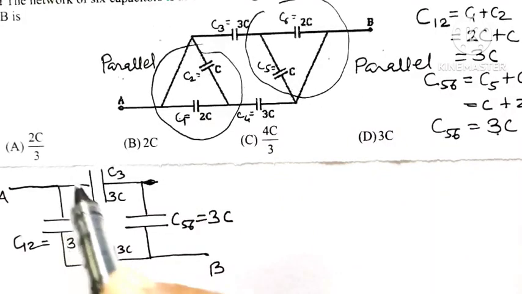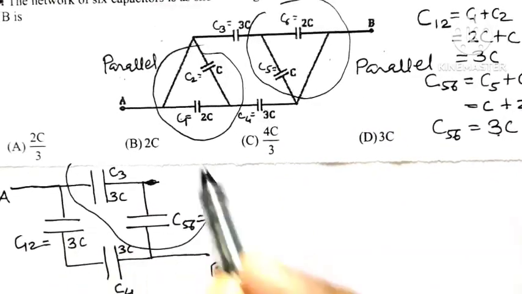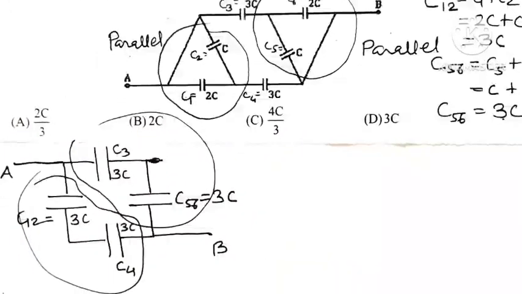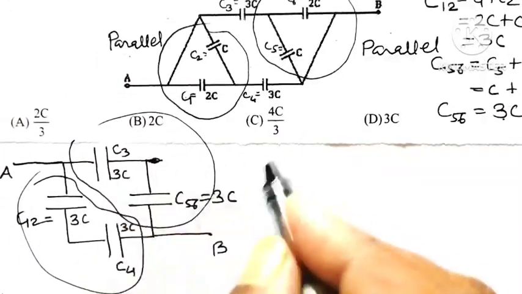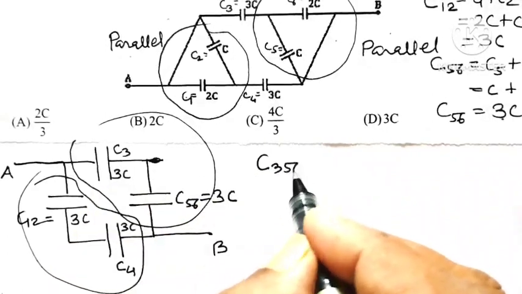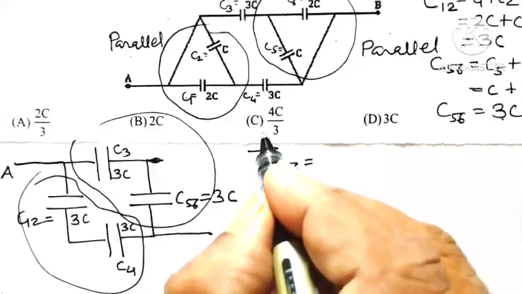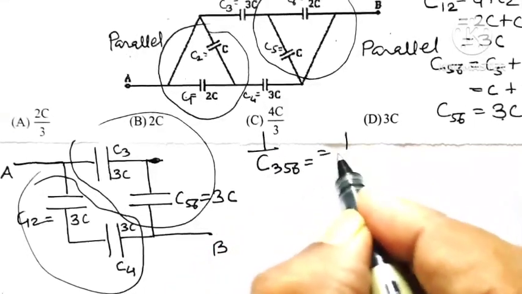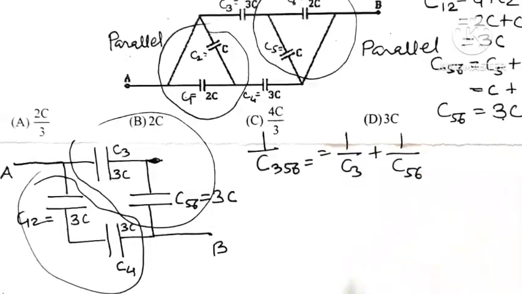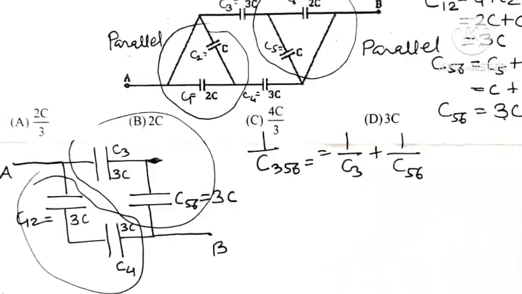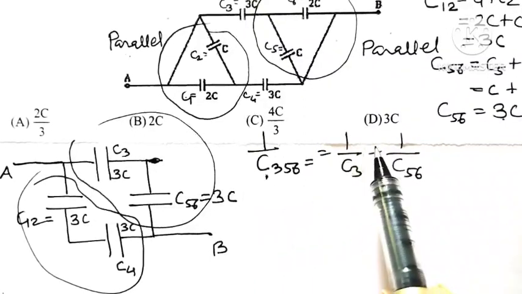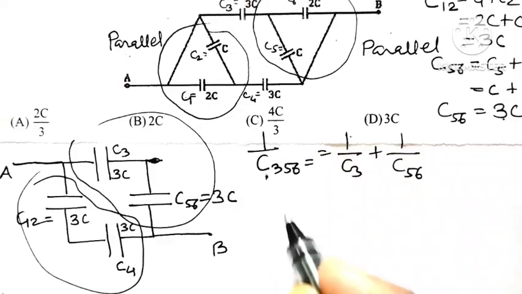Now look at this. This upper combination is a series combination of two capacitors. The lower one is also a series combination of two capacitors. So the effective capacitance of C3 and C56: 1 upon C356 is equal to 1 upon C3 plus 1 upon C56, because when capacitors are connected in series, the reciprocal of the effective capacitance is the sum of the reciprocals of the individual capacitances.